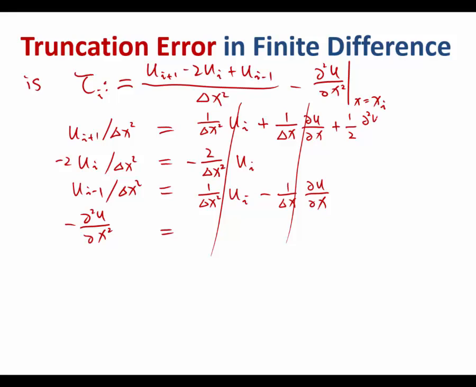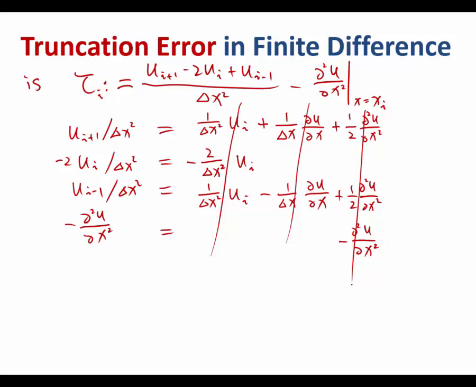We have partial square u partial x squared, and here we have the same thing. Now we write this down, minus partial square u partial x squared. They cancel. All right, so that's good.